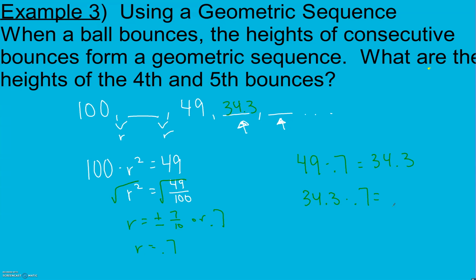And we multiply there, it's going to be about 24. It's like 24.01, so I'm just going to go with 24. And these are centimeters. And that's our fourth and our fifth bounce. Big thing there is to find the common ratio, and we can go from there.